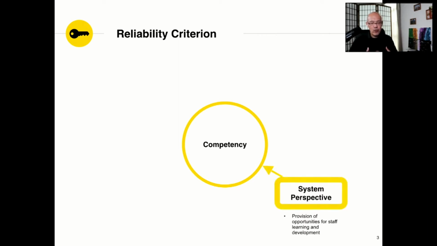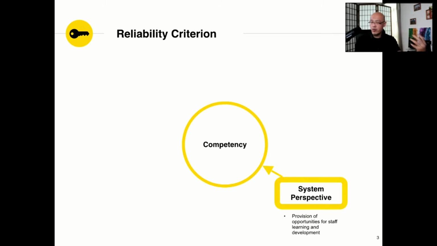At one level, you'll be asking about all the different types of training that you can introduce into the school. This could be seen from the system perspective. Now, if you recall, in a previous video, we talked about the staff resource plan being that conduit between your school goal and your staff system.